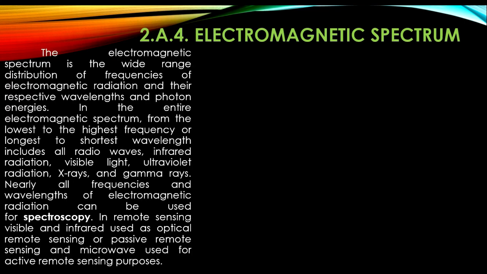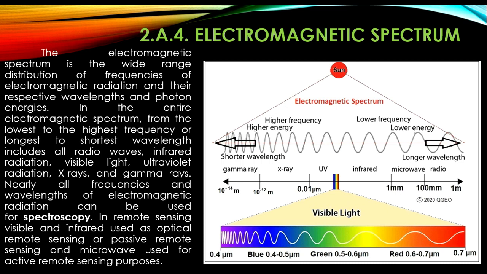Electromagnetic spectrum. The electromagnetic spectrum is the wide range distribution of frequencies of electromagnetic radiation and their respective wavelengths and photon energies. The entire electromagnetic spectrum, from the lowest to highest frequency or longest to shortest wavelength, includes radio waves, infrared radiation, visible light, ultraviolet radiation, X-rays and gamma rays.